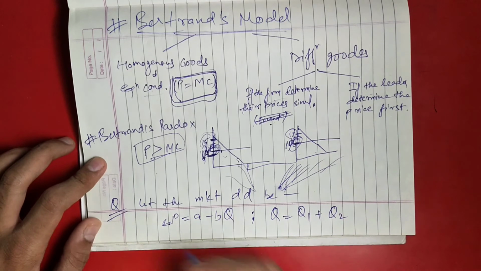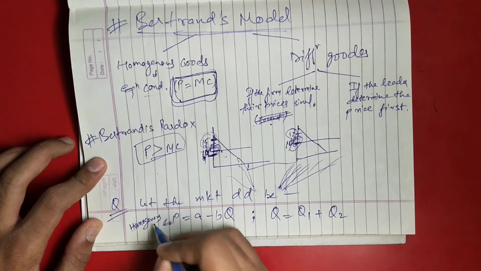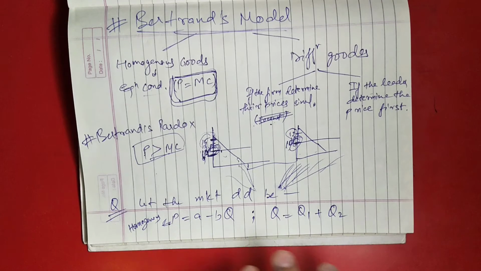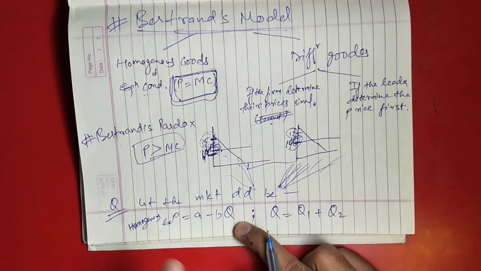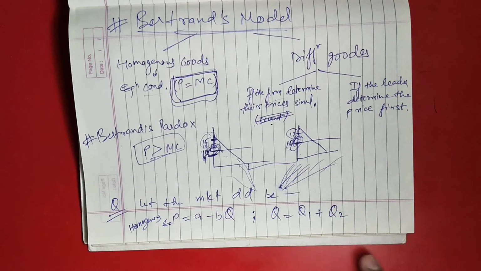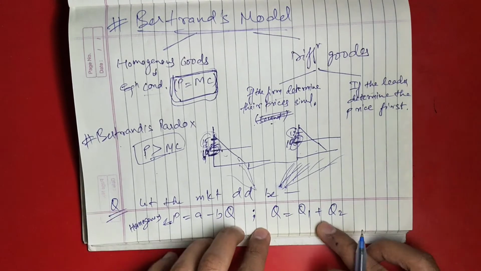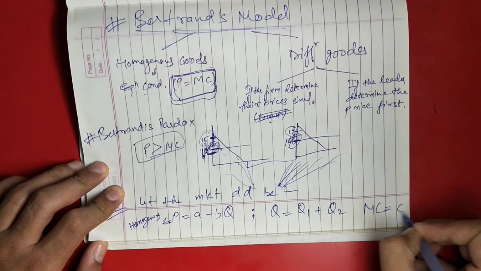This means that they are producing homogeneous products, not differentiated. I am telling you how you see whether it's differentiated or homogeneous: if you are given only one demand function, then it's homogeneous, and if you are given more than one, then it will be differentiated. Here Q is equal to Q1 plus Q2, and MC is given as C, which is constant.